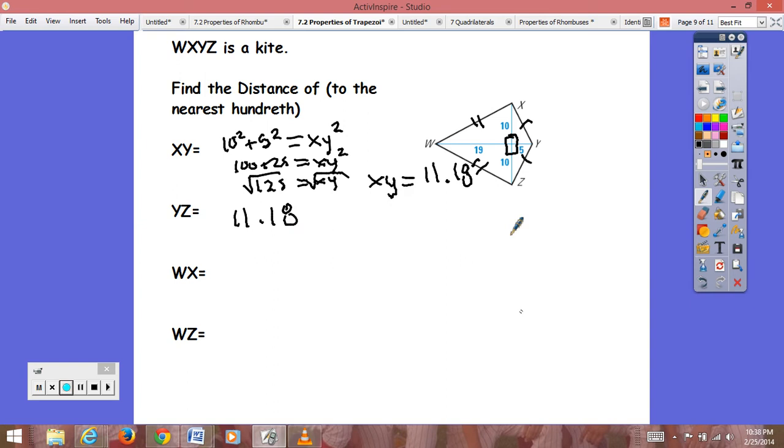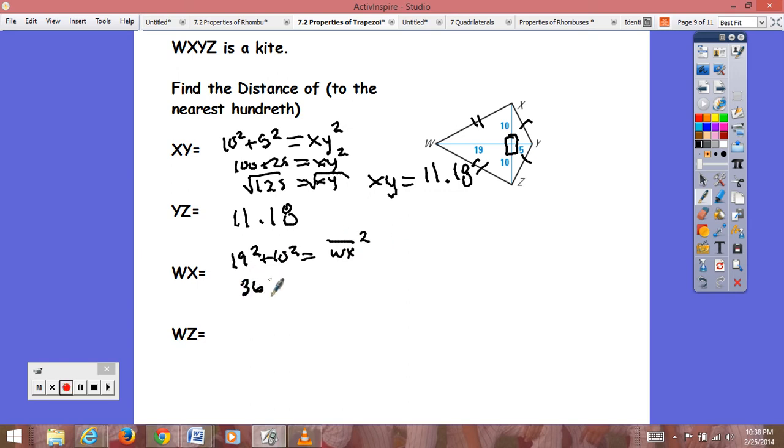And if we did the math, you could see this side is 10 as well, so we would get the same answer. For WX, this side, we're going to use side lengths 19 and 10. So 19 squared plus 10 squared equals WX squared.